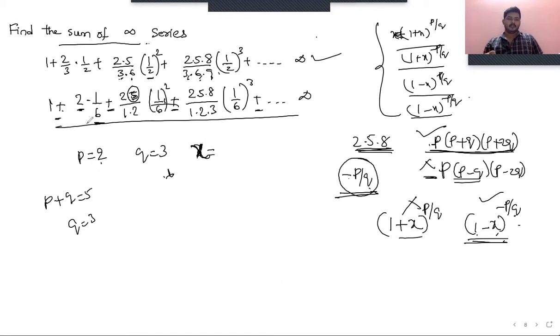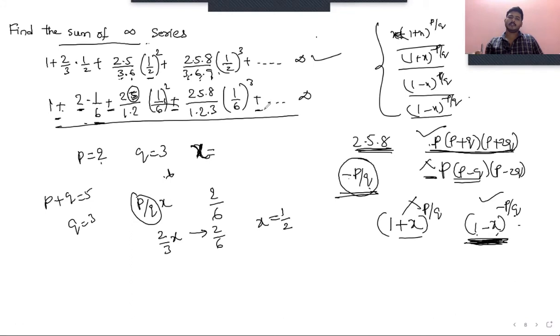So if you look at the first term, it should be in the form of p by q into x, but it's in the form of 2 by 6. So already we know the value of p and q. So 2 by 3 into x looks like 2 by 6. So the value of x should be 1 by 2, right? Now this is the form we concluded this expression will be.